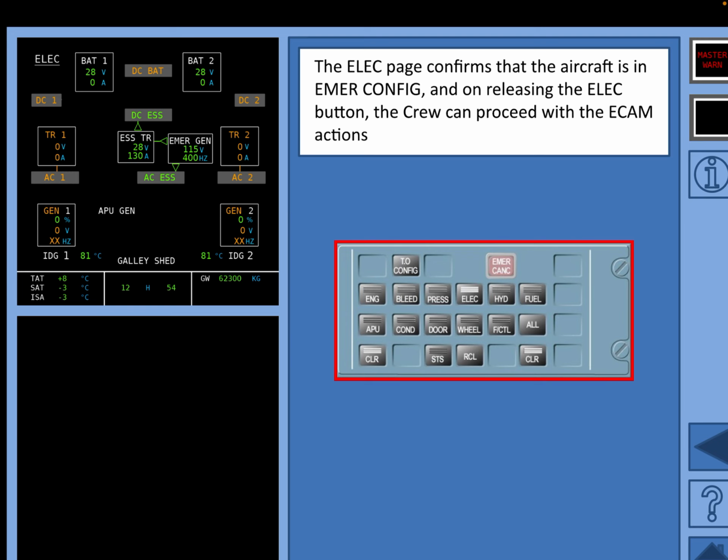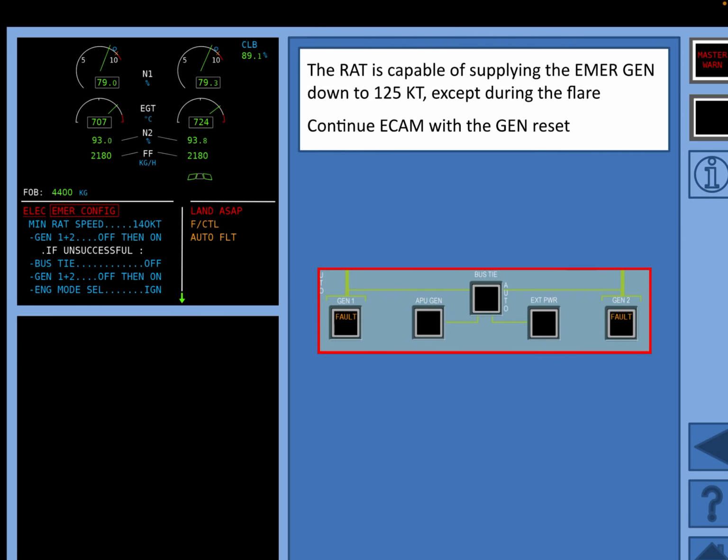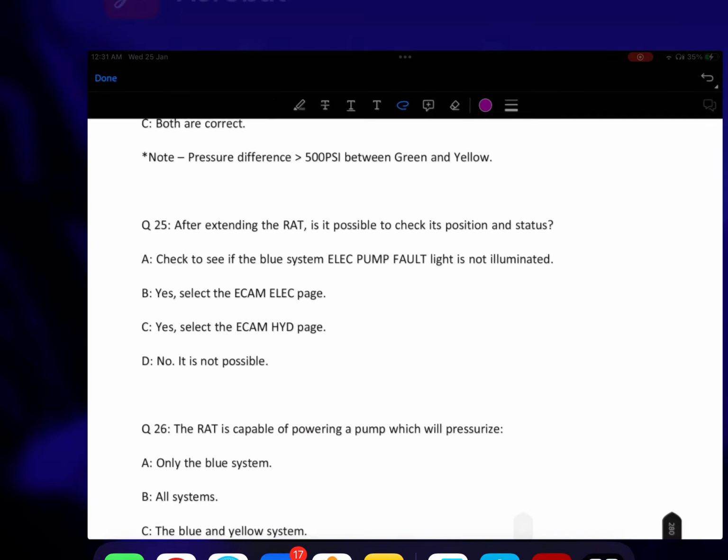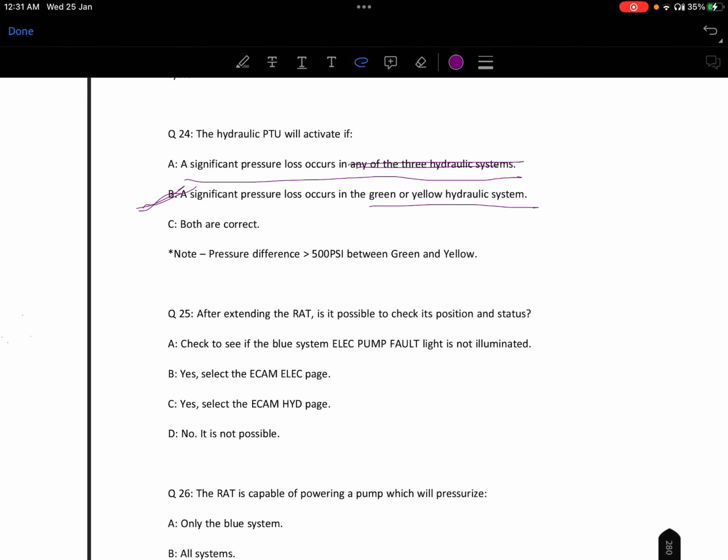So are you getting it? So emergency generator is now running, you can see here, and it is providing power to essential TR and AC essential, right? So here you can see this is the electrical panel. Where is the hydraulic?